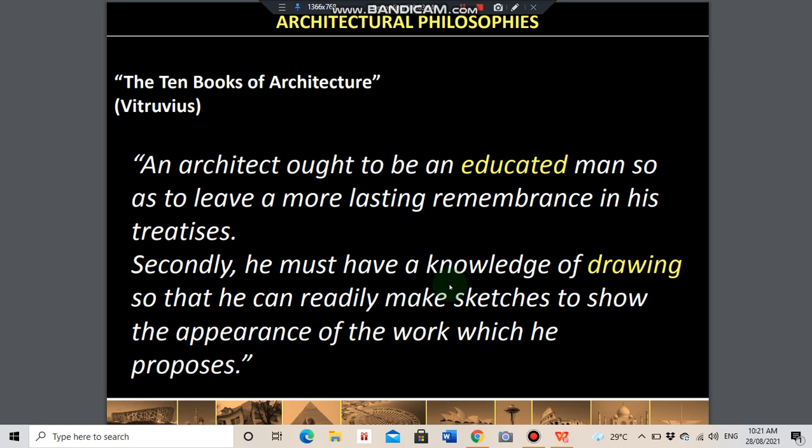Kasi yung iba, mahina, lalo na yung hindi naman talaga gusto yung course na architecture, napilitan lang. So, pumasok lang doon. Tapos, wala man siyang skill. So, nagre-rely lang siya sa computer or sa AutoCAD. So, an architect must have knowledge of drawing so that he can readily make sketches to show the appearance of the work which he proposes.